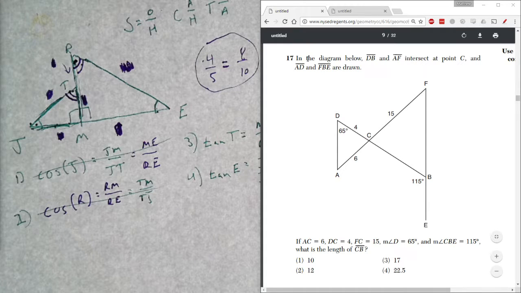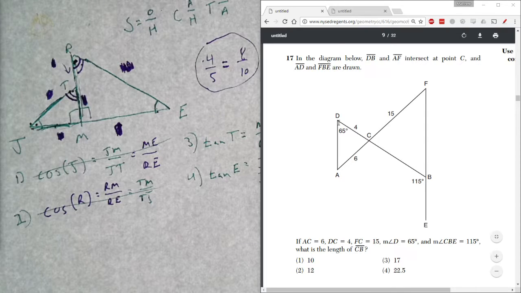Question 17. In the diagram below, line segments DB and AF intersect at point C, and AD and FBE are drawn. If AC equals 6, they already do that. So far, they've drawn everything they've described.